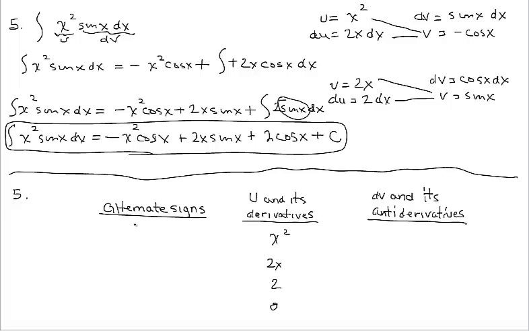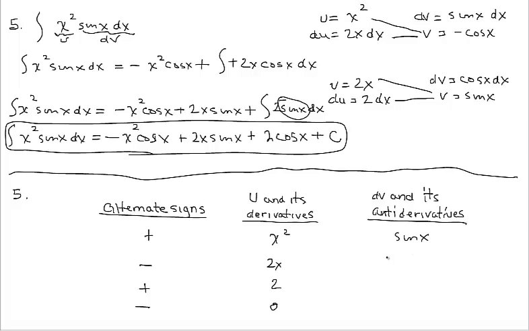Then I'm going to come back over here and fill in my alternate signs. It just means I'm going to go from positive to negative and vice versa. So we always start with positive, then negative, then positive, and once down here, negative, I'm done. dv was sine x dx, but I'm only going to look at the integrand part, the sine x.